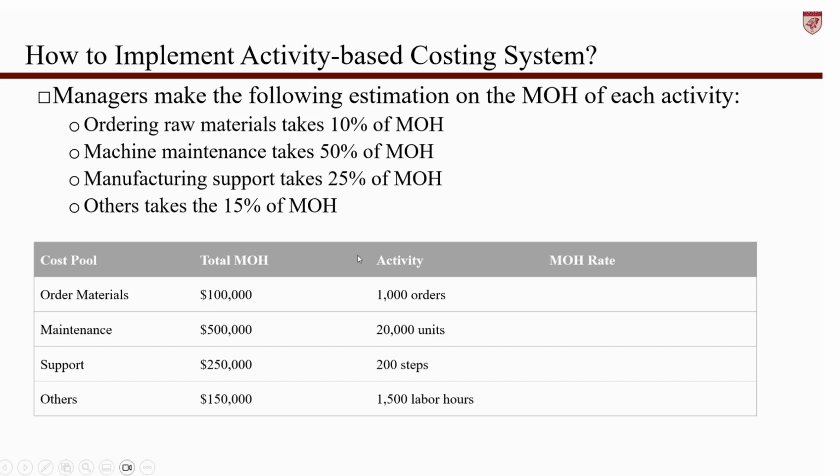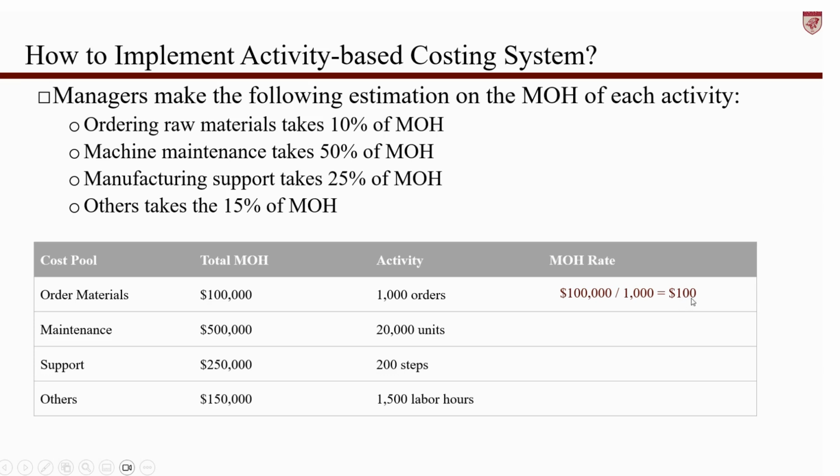So let's say if you have all these manufacturing overheads and activity bases of each activity cost pool, you can also calculate the activity rate by dividing the total MOH by the total activity base, right?